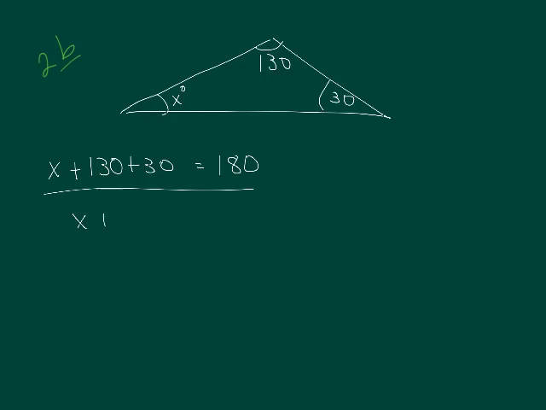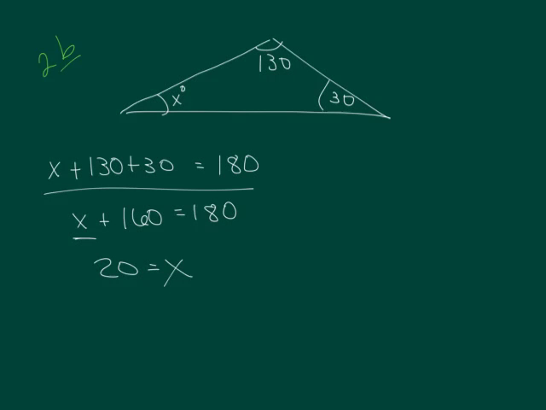So if we add up what we know, 130 plus 30 is 160, and we know that some number plus 160 is 180. So in this case, it's going to be 20. So x gives me a 20 degree angle when I add them all up.